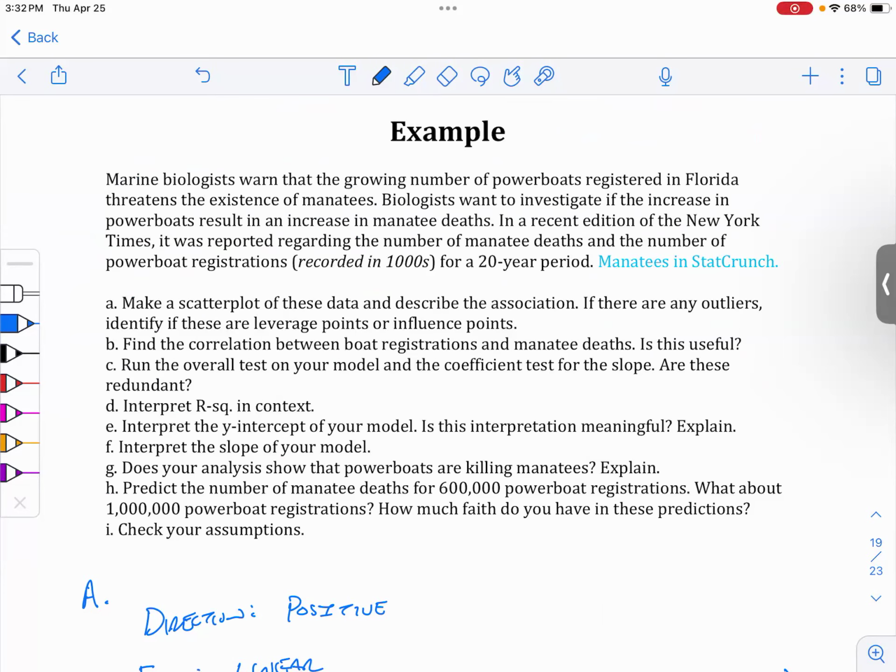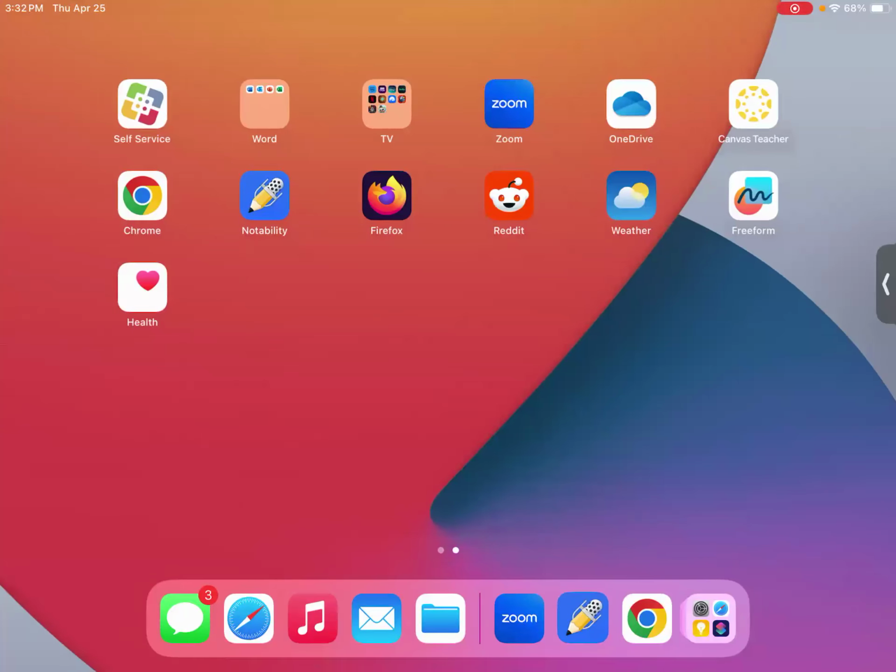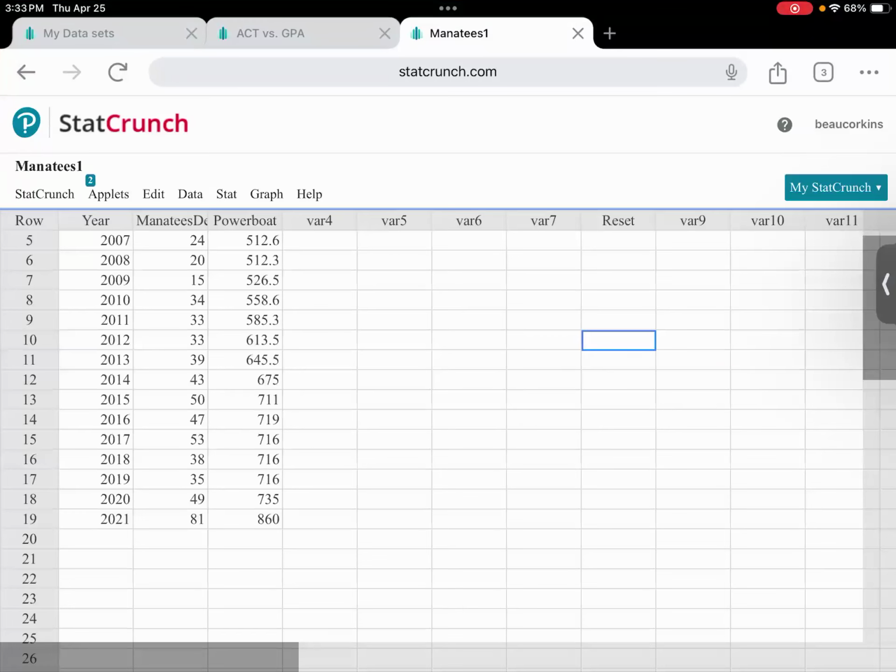That's the tricky part. If we go into our data, all the values, 500 to 800, that's thousands. So 500,000 powerboats, 860,000 powerboats. So it's important to make sure you're paying attention to what's in StatCrunch and what is in the problem.